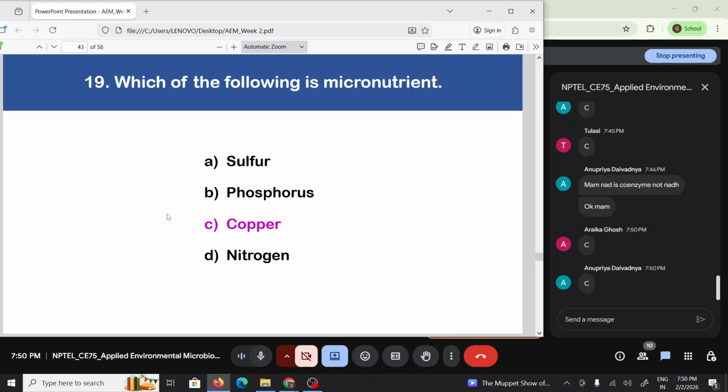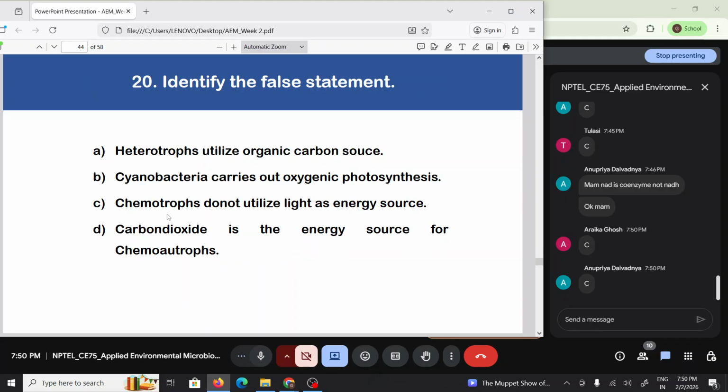Sulfur, phosphorus, and nitrogen, we need more of them in cells. So it's not a micronutrient, it's beyond that.